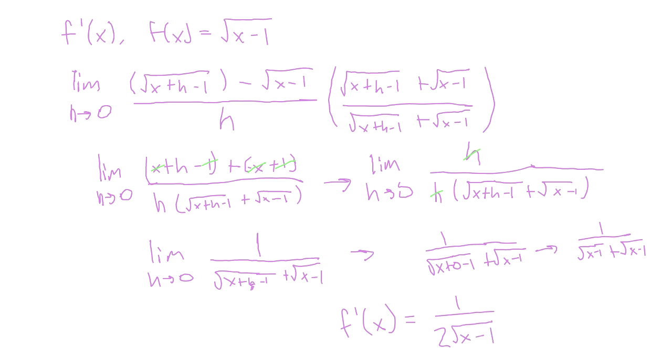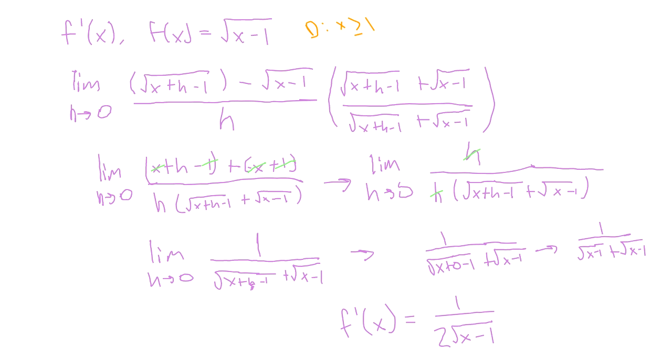But if we look at this, there's something kind of interesting here. In our initial function f of x, our domain is x greater than or equal to 1. Now if we look at our derivative, we can't have 0 in the denominator.